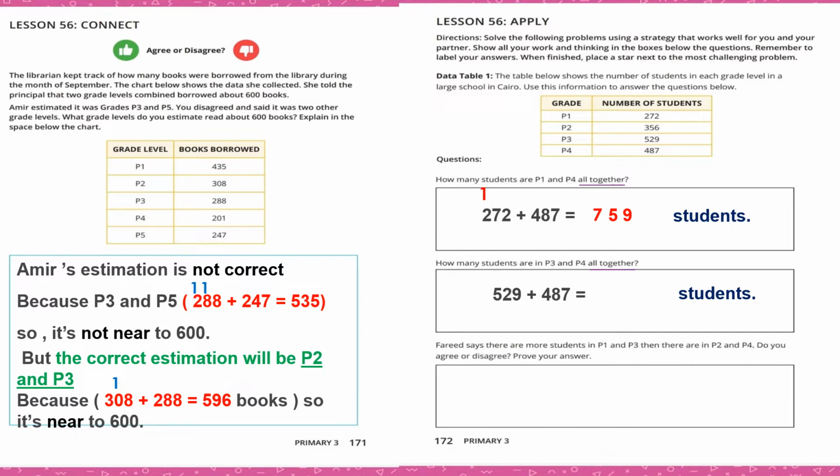Let's start to get the answer. 9 plus 7, 16. 6 and carry up 1. Don't forget the carry up. 1 plus 2, 3 plus 8, 11. 1 and carry up 1.